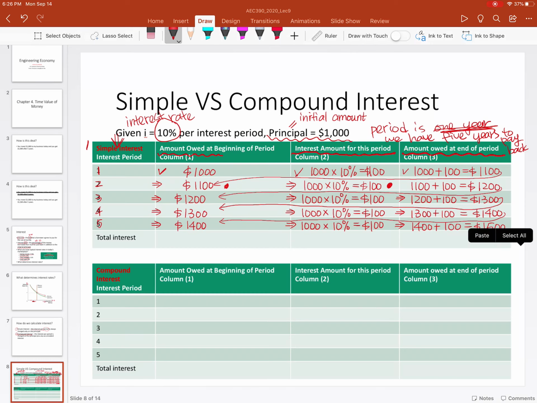Okay, and you can also calculate the total interest. That will be the total additional amount you need to pay back. So at the end of the 5 years, you pay back that 1,000 as a principal plus a total interest. And that total interest will be the sum of this column.